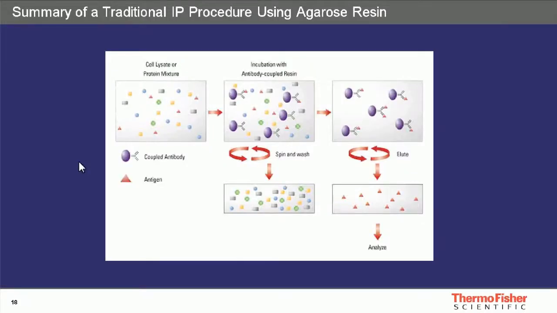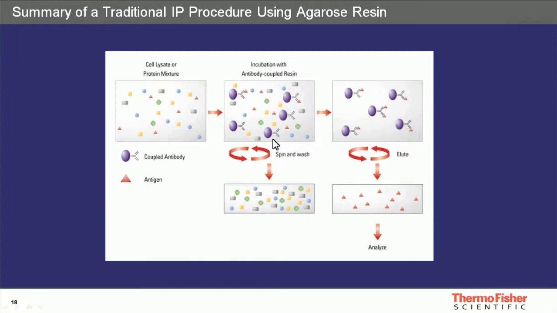But let's look at the traditional way of doing the IP procedure using the agarose resin, which is the most commonly used method for immunoprecipitation in the field. Basically, first you couple the antibody to the beads, in this case agarose resin, and then you bring in your cell lysate or protein mixture, where the antibody coupled to the beads is going to bind to the antigen that it is raised against.